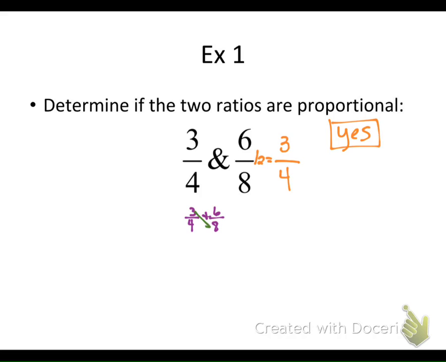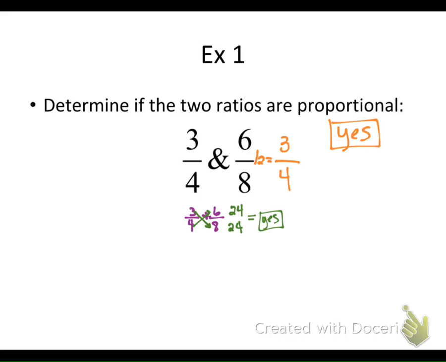So I take 3 times 8, which equals 24, and then 4 times 6, which equals 24. Are those the same numbers? Yeah. So these are proportional. So there are two different ways you could determine if ratios are proportional. I'll leave it up to you which way you prefer. When we solve proportions, though, you're going to have to cross multiply. Okay, so that's example number 1.